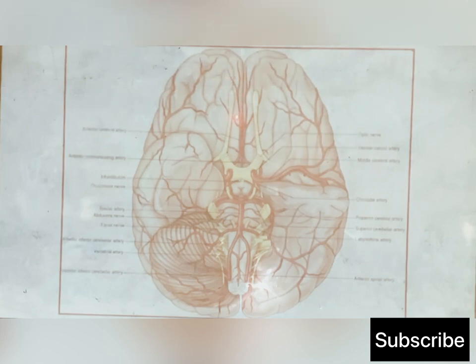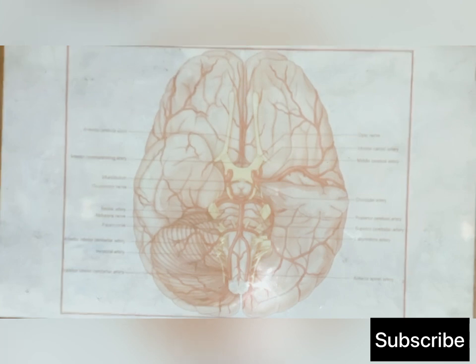If we now go back to this slide, you will see the anterior cerebral artery. After supplying the medial surface, these are the branches supplying the orbital surface here. Even the middle cerebral artery, after supplying the superior lateral surface, also supplies some of the orbital surface. So the orbital surface is supplied by both the anterior cerebral artery and the middle cerebral artery.